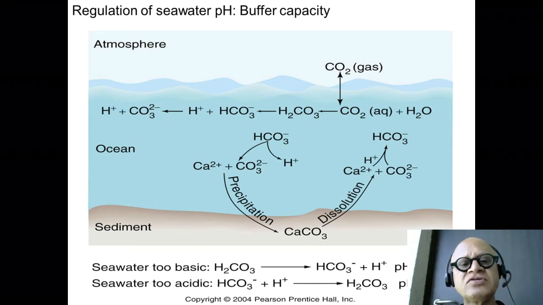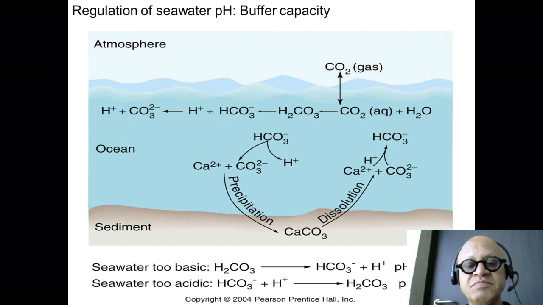So tiny amounts of calcium carbonate make it to the bottom of the ocean with this process, and obviously over time, because there are worms that are creating turbidity in the sediments, or the volcanic activity, or oceanic crust formation, and so on and so forth, are constantly happening at the bottom of the ocean, there is some dissolution of this calcium carbonate happening as well, which is releasing the calcium and carbonate ions back into the system, which are combining with this H plus ion that's always available, and producing bicarbonate again.